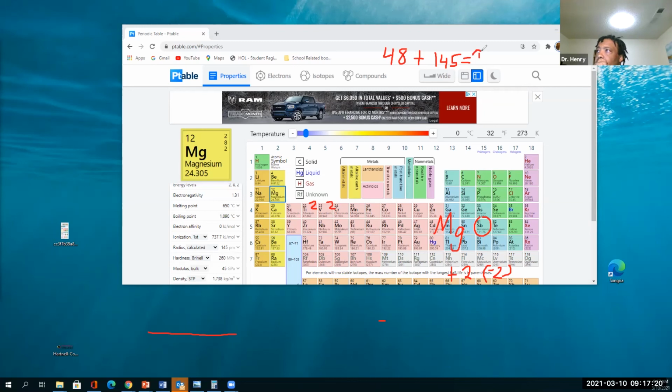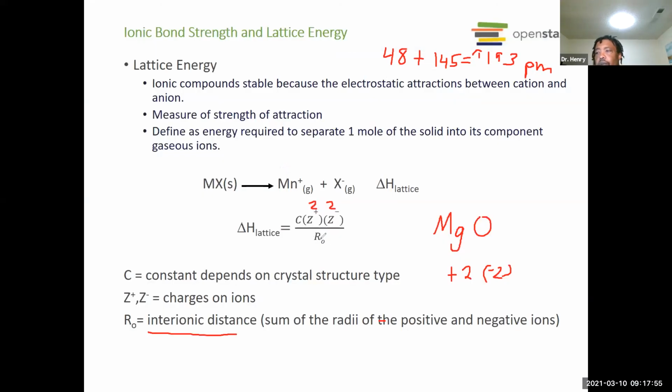So what is that? 193. Okay, so then that R naught is going to equal 193.